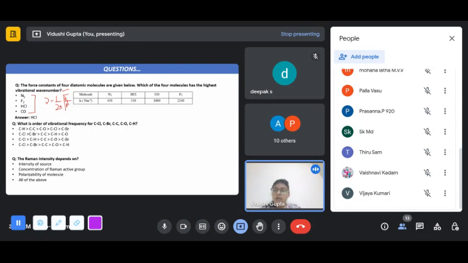So now what is the order of the vibrational frequency for CCl, CBr, CC, CO and CH? So what will be the answer? What is the order of vibrational frequency?